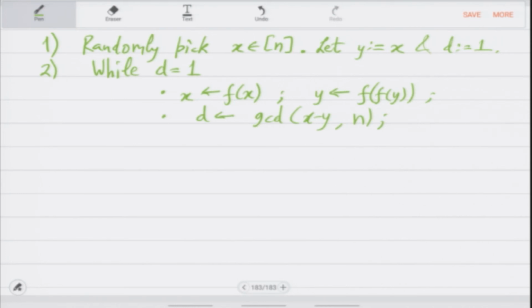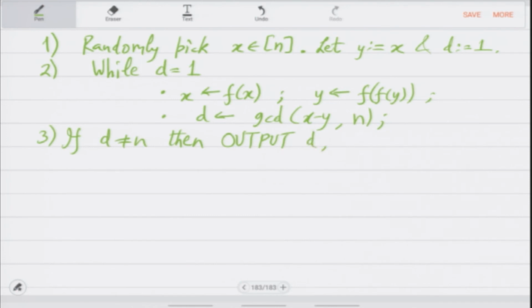basically checking whether x is y mod n. You are taking the difference, or think in terms of prime p dividing n. So you are trying to check whether x and y are the same mod p. If they are, then d will become p heuristically. So if d is not equal to n, then output d.